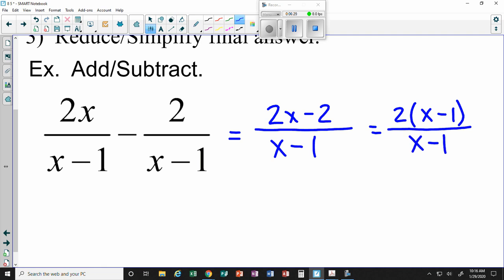Then I have an x minus 1 there. So can I reduce anything? Yeah, what can I reduce? Can I reduce the x minus 1s? So what am I left with? Okay, so that one reduces quite a bit.